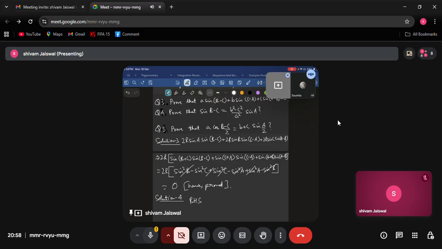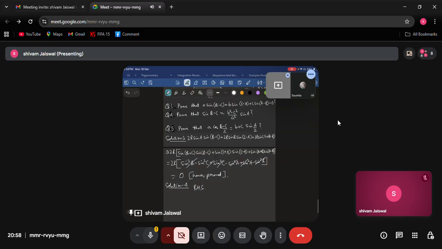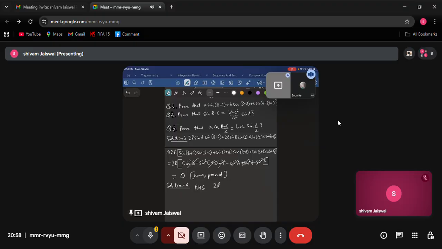The right hand side, I have b square minus c square. So can I write it as (2r sine b) whole square minus (2r sine c) whole square, upon (2r sine a) whole square, into sine a.